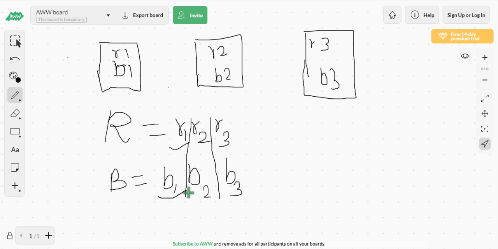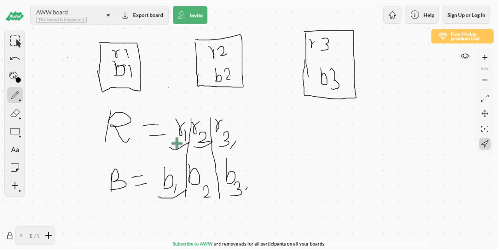Suppose we start comparing from here. If R1 is equal to B1, we come to R2. If R2 is less than B2, then capital R will be smaller, otherwise capital R will be greater. And if both are equal, then we keep comparing to the last, and if the last is also equal, then both are equal.